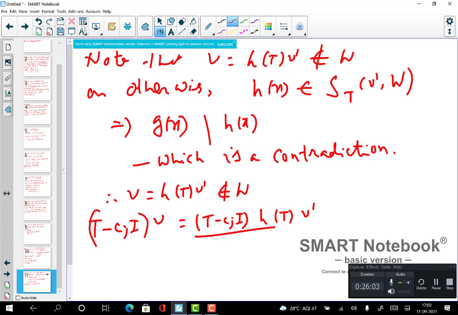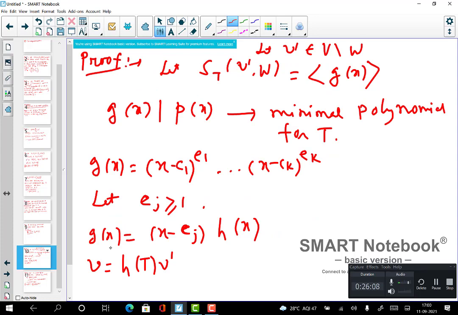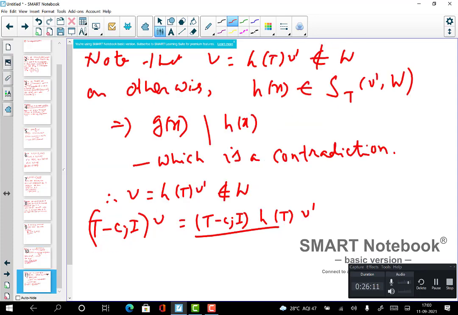But what is this? This is nothing but g(T) of v'. But by definition, g(T) is inside this, the T-conductor of v'. So this has to be an element of W.